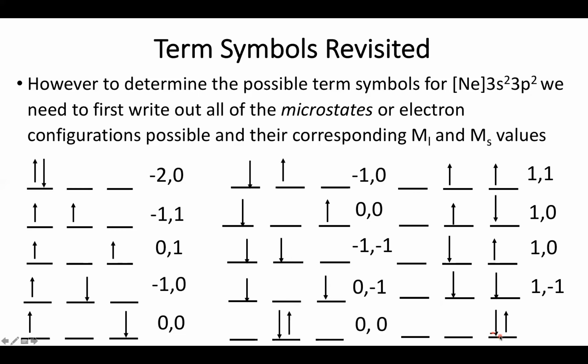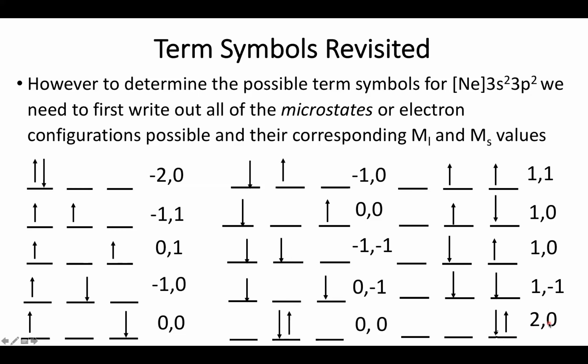So this is again where m sub l is equal to +1, which gives me 2 electrons in the m sub l +1 for a total orbital spin of 2 and no net spin angular momentum.